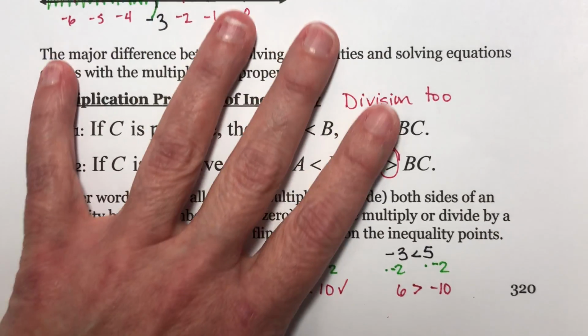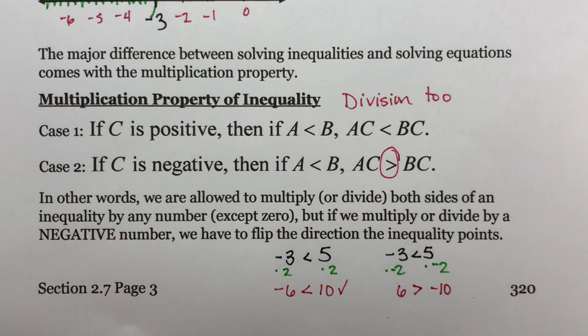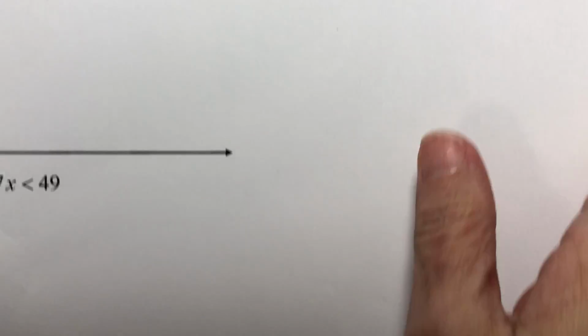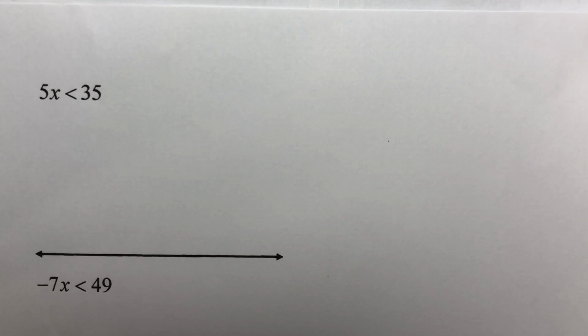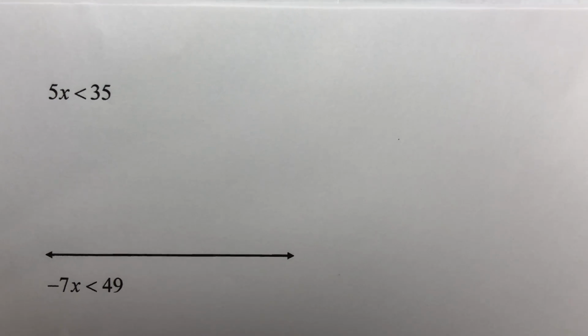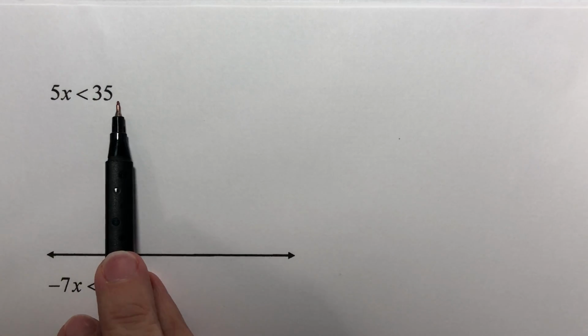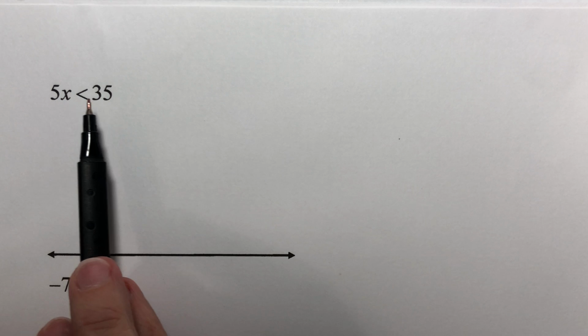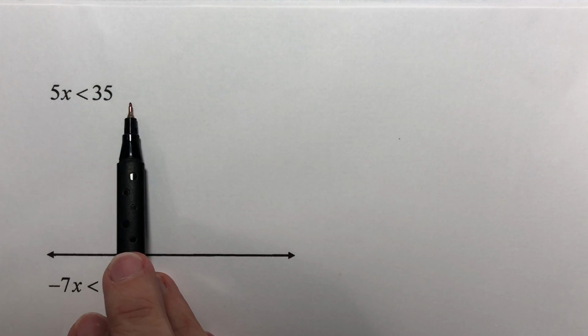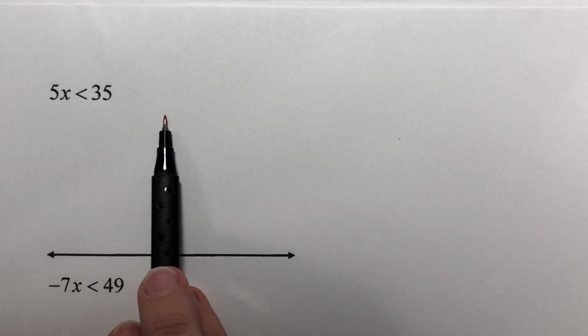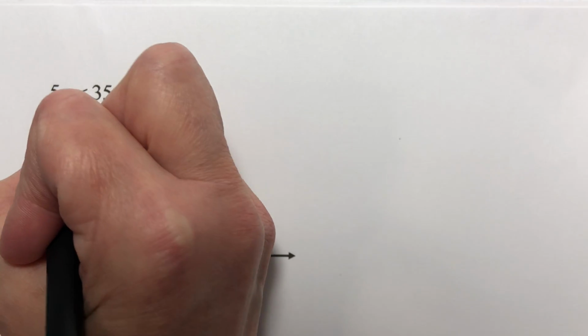Okay, so let's look at a problem where we use this division property. We are still going to be writing our answers in interval notation, and we are still going to be graphing every time. Simple problem here. 5x is less than 35. If this is an equal sign, we divide both sides by 5. We're still going to approach it the same way. I want to divide both sides by 5.